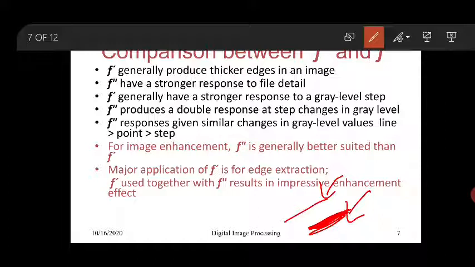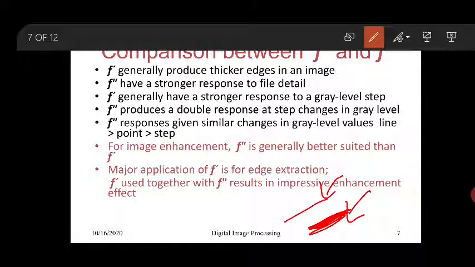Now f dash generally has a stronger response to a gray level step. F double dash produces a double response at the step changes in gray level. That is, f double dash is a twice operation we are performing, as I discussed in the previous class.